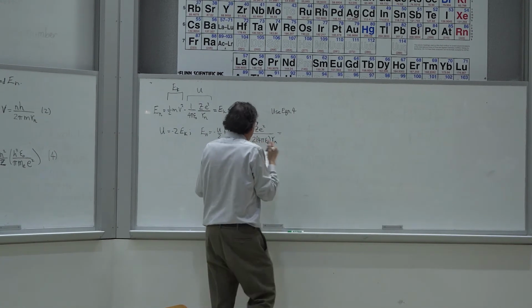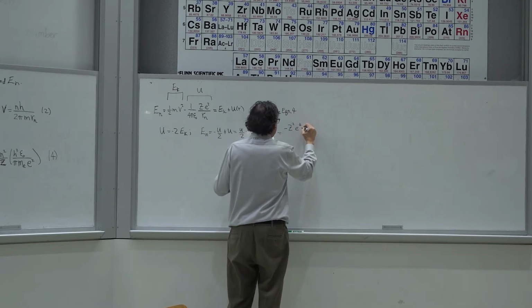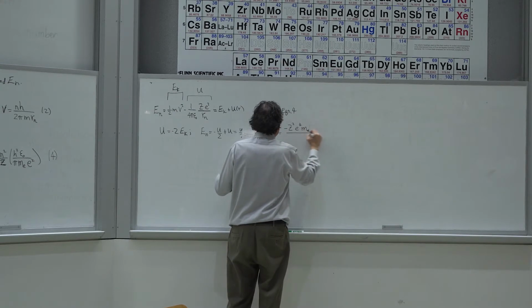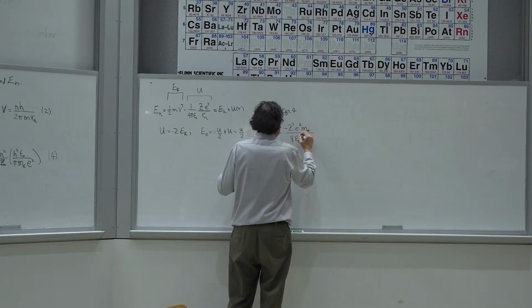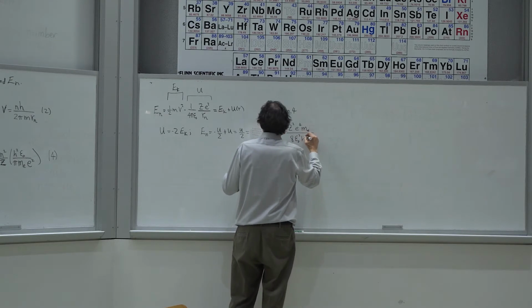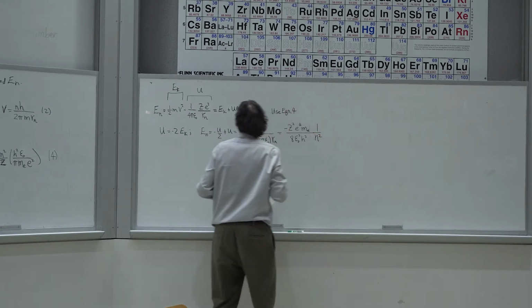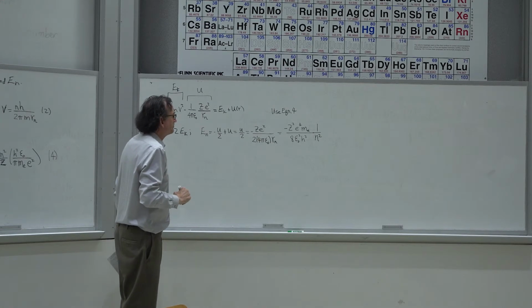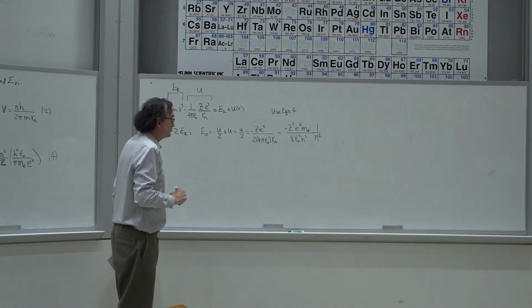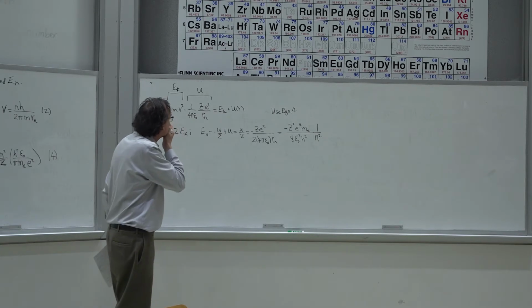And I get that this is equal to minus Z squared e to the 4th times the mass of the electron divided by 8 epsilon naught squared h squared times 1 over n squared. Okay? And that's my expression for energy.